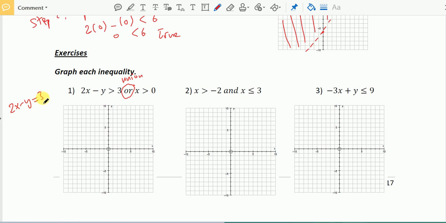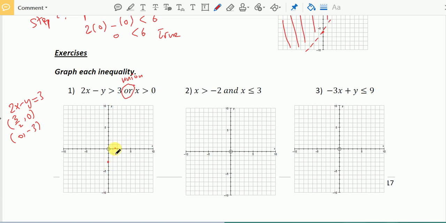Then I pick 2 points to draw the equation. I pick x = 3/2, then y is 0, or I pick 0 and -3. So 3/2 and 0 is around here, and (0, -3) is here.